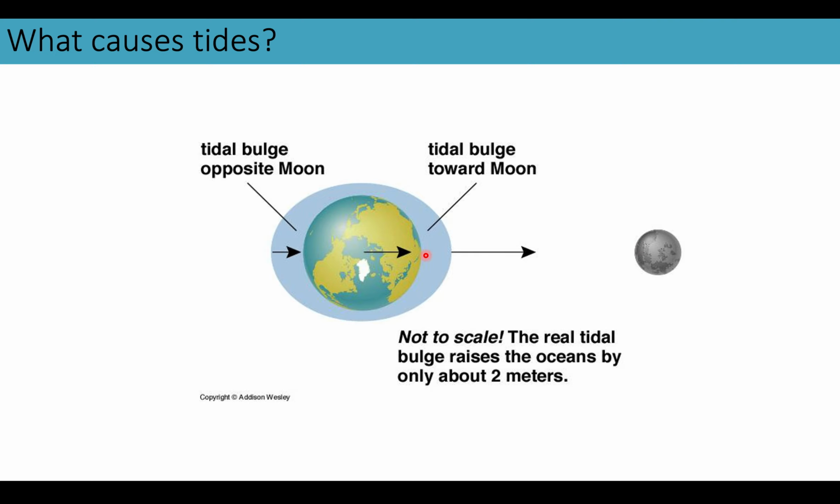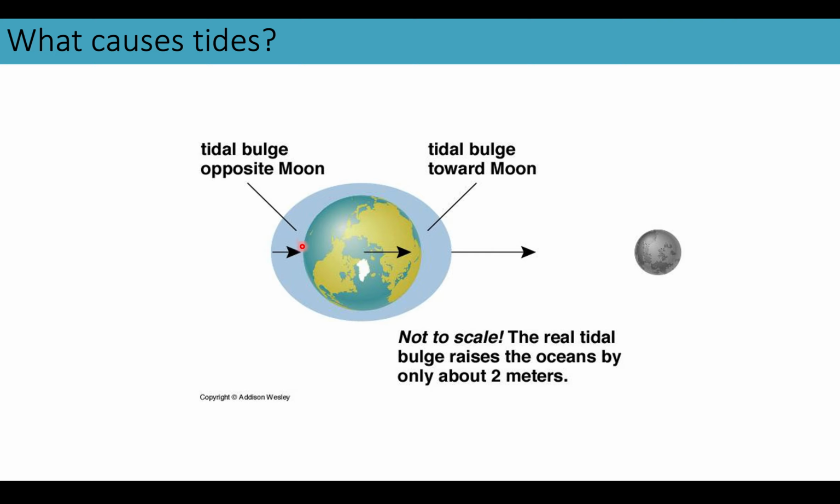So this side of the Earth will be pulled the most towards the moon. The center of the Earth, in terms of the diameter and circumference, will be pulled towards the moon a little bit less than the close side.